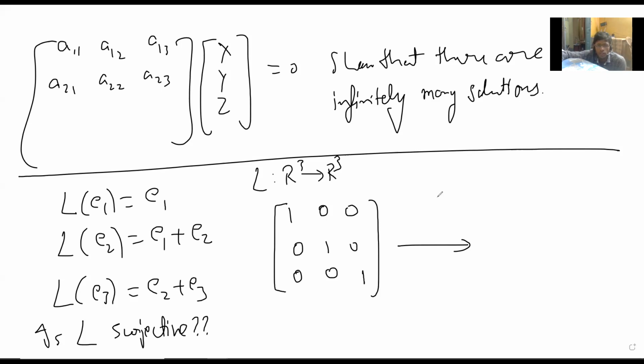That's what L is already doing. E1 goes to E1. Are you transforming E2? Row transformations have to be applied to some matrix.